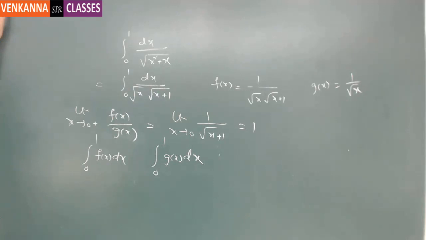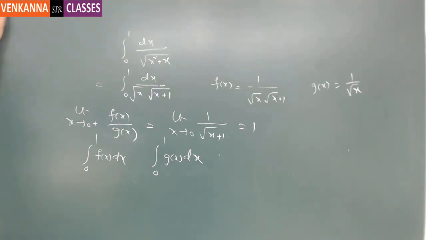It is the point of discontinuity for both the functions. And excluding 0, in the interval from 0 to 1, f and g both take positive values. F is not negative and g is not negative. The values are greater than or equal to 0. Agreed? So it satisfies the criteria of the comparison test.